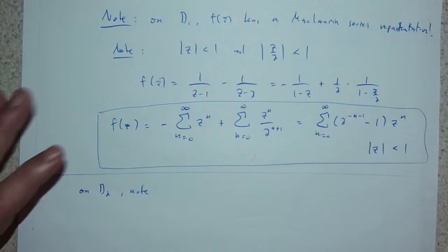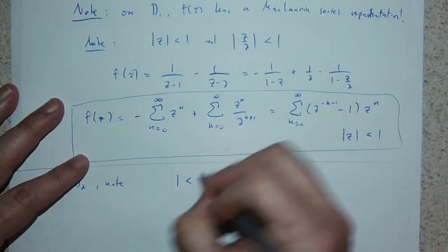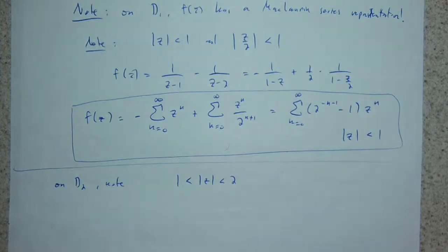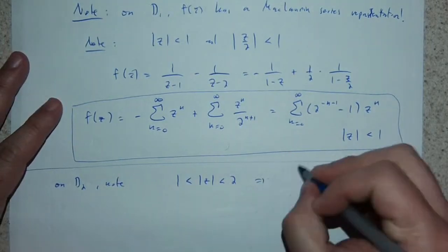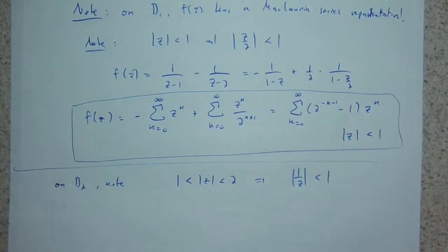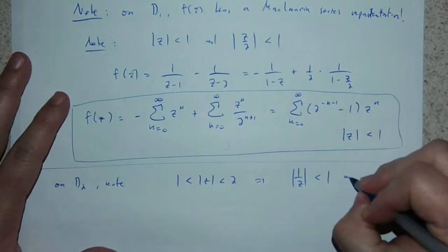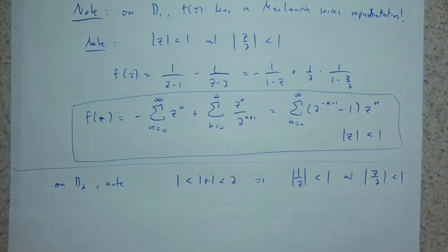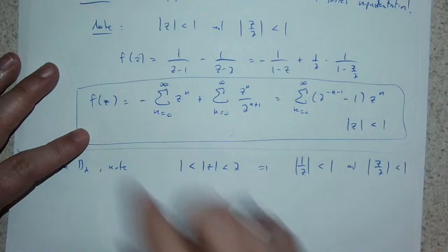Modulus of z is strictly between 1 and 2. So what do I know here? Well, this means that the modulus of 1 over z is strictly less than 1. That's one thing that it means. And also, the modulus of z over 2 is strictly less than 1. How's this going to help us? Well, now I can rewrite f in a slightly different way.